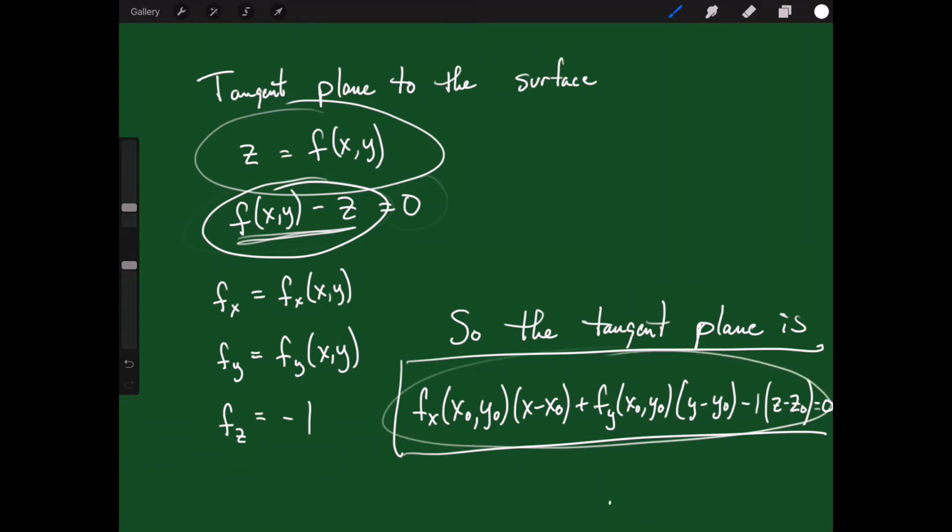And the only difference is if all you have is a z, the partial with respect to z is just -1. We just plug that in and everything's the same. Okay, so that's how you would go about a tangent plane if you're dealing with a specific surface. So maybe let's do a quick example like that.